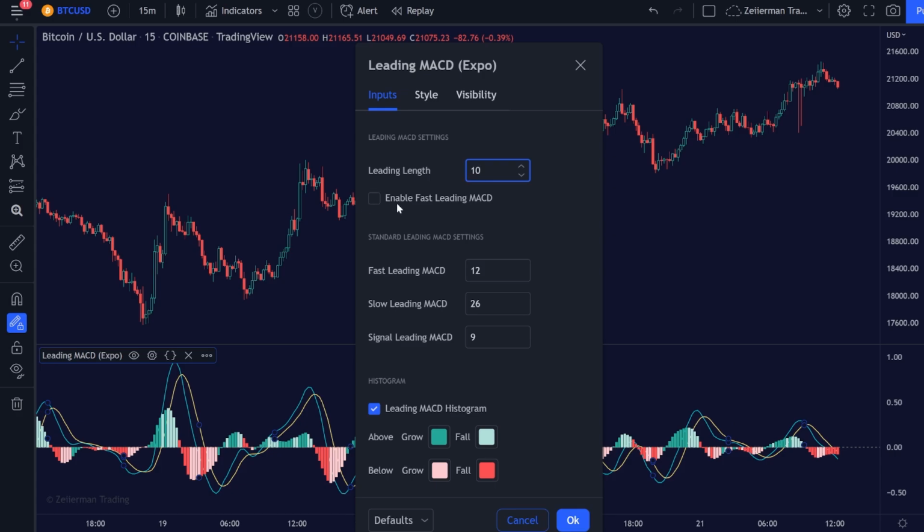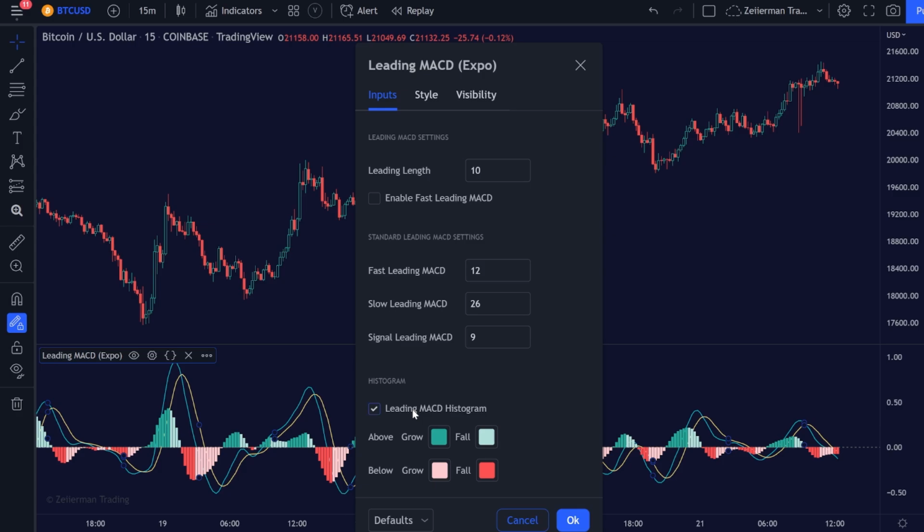And we have this enable fast leading MACD, which basically makes the predictive histogram even faster. And you have the standard MACD settings, and you can disable and enable the predictive MACD color on the histogram, right?